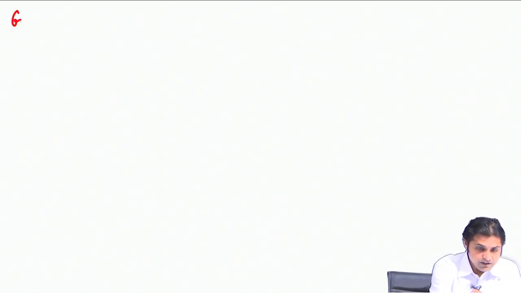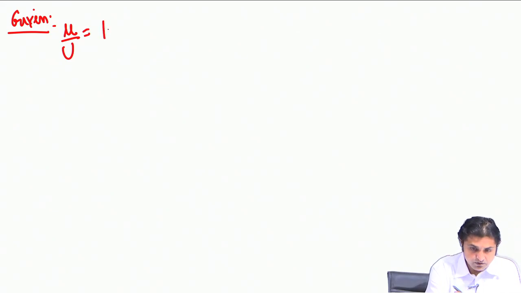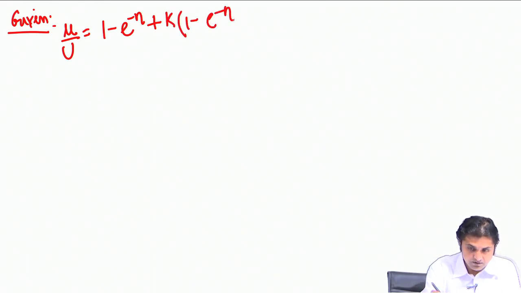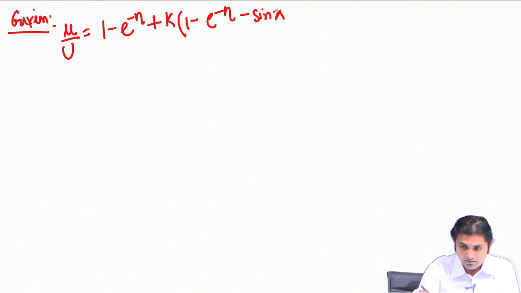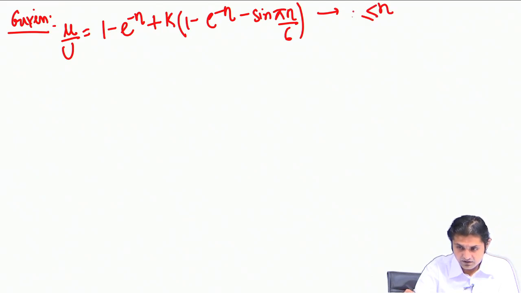So, to solve the question, we are going to go to the white screen. We have been given u by capital U is equal to 1 minus e to the power minus eta plus k into 1 minus e to the power minus eta minus sin pi eta by 6, and this is for eta between 0 and 3.